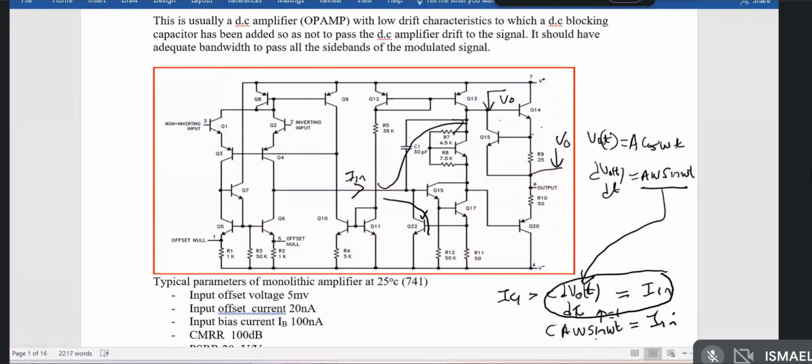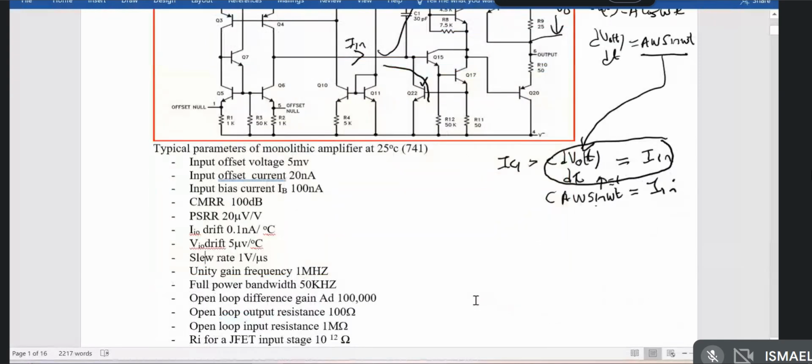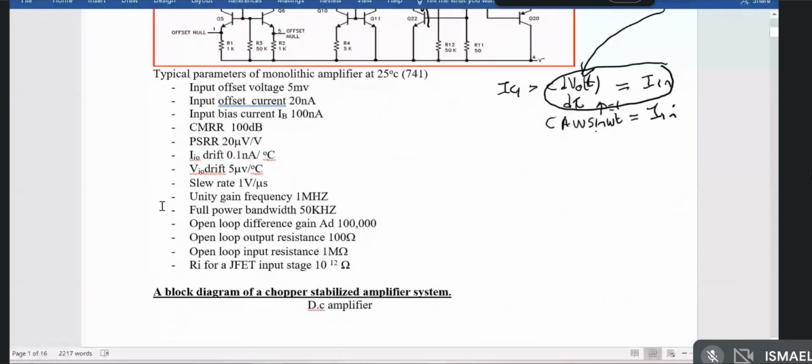Okay, today I didn't want to spend a lot of time on the amplifier, because we've got to move on. But these characteristics, I'm sure when you study the op-amps, you should know all of them. I've just emphasized slew rate because it's an important thing. So you see, this one is 1 volt per microsecond.